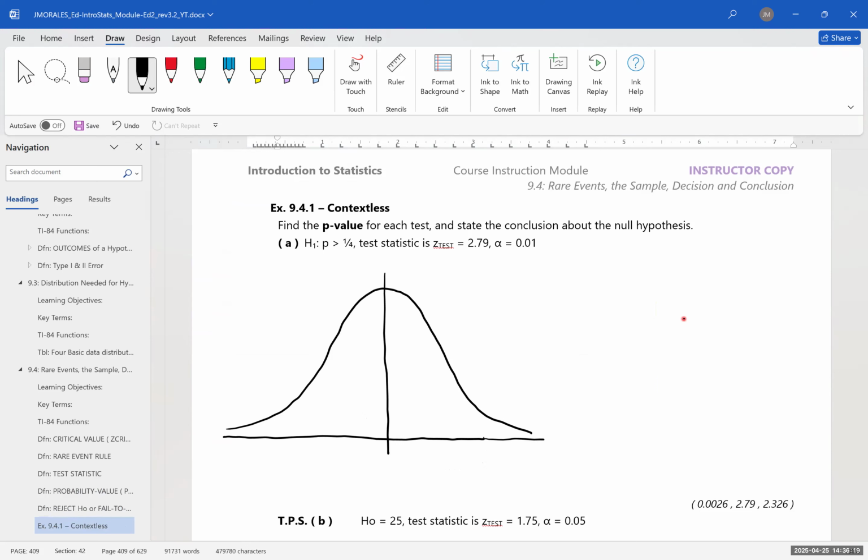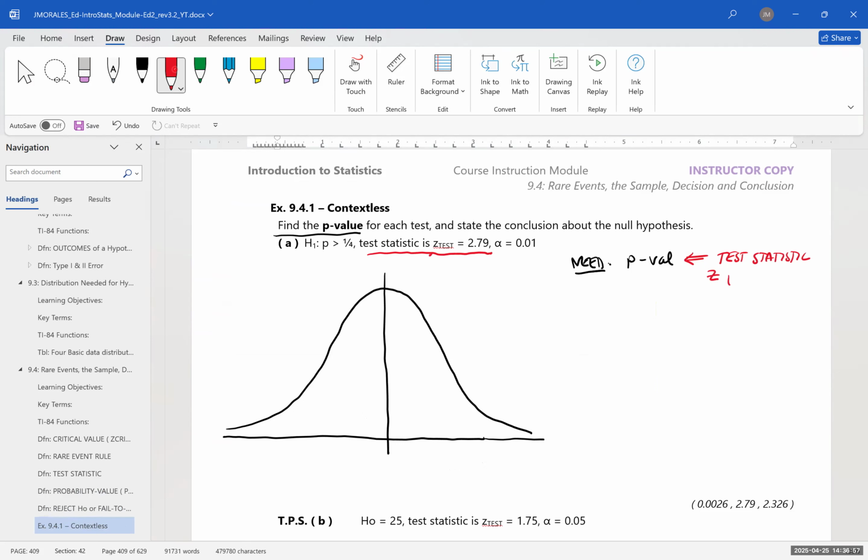Okay, so what we need, let me put it off to the side over here. It says to find the p-value. So what we need is a p-value. But in order to get that p-value, we need a test statistic. It turns out that they gave us that test statistic.